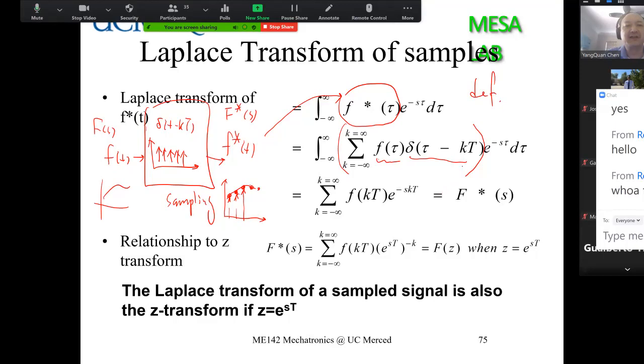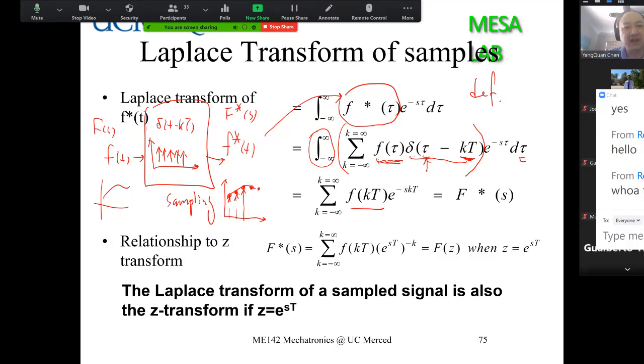After that, we know that this value is 0 if tau is not kT. So then I just write f of kT. The tau is changing, so this whole integration only makes sense when tau equals kT. Because as you change tau, everything will be 0 except when tau equals kT.